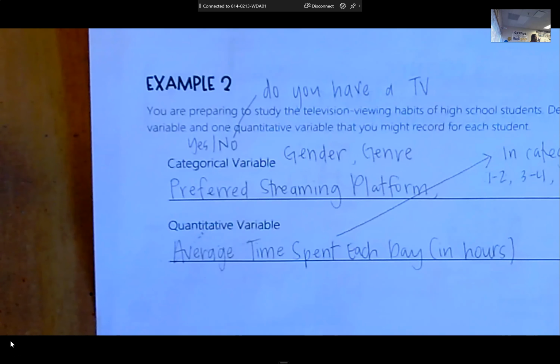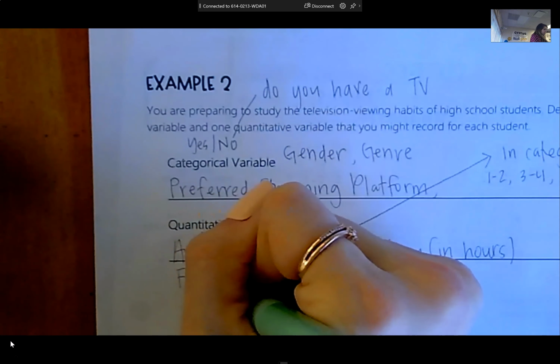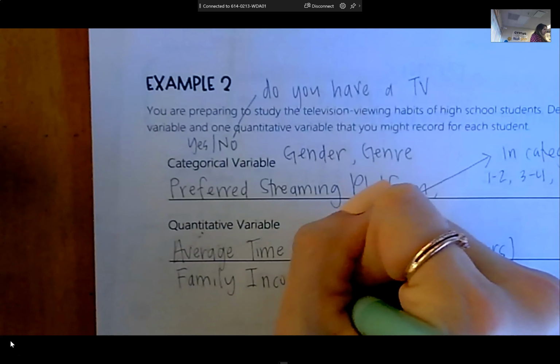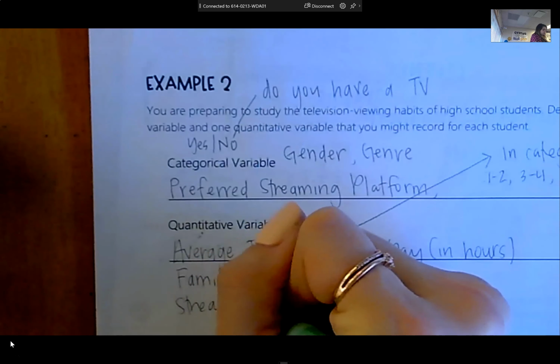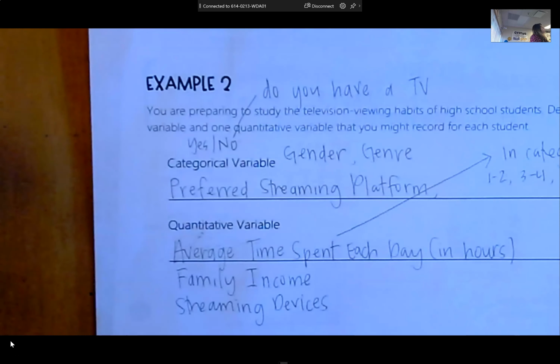The hard one is quantitative. Did anybody come up with a quantitative one that they felt good about? Yeah. Family income. I think that's great. Number of streaming devices in a home.